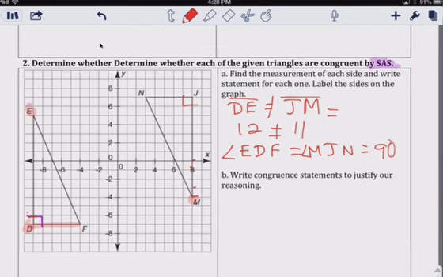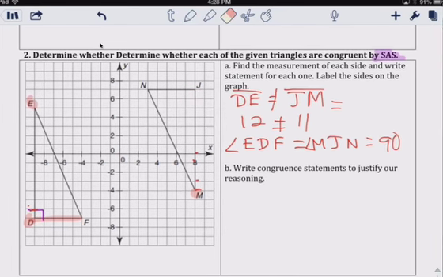Okay? Now, does line segment DF equal JN? Let's see, 1, 2, 3, 4, 5. 1, 2, 3, 4, 5. Yes, they equal. They equal 5.